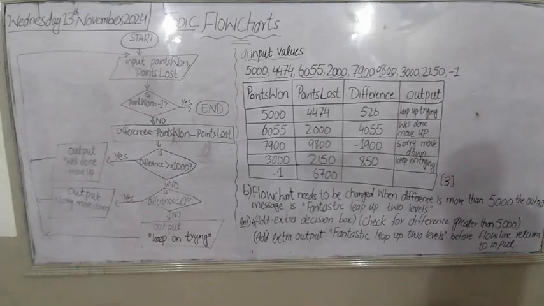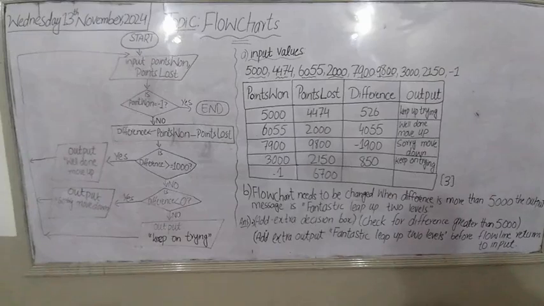Same method we have to follow. We will move forward step by step and we will check. The value stored in points1 is not equal to -1, so we'll go to the next step. We will subtract both the values. In the variable called points1 we have 7900, and in the variable points lost we have 9800.